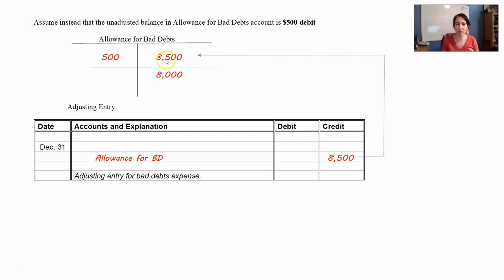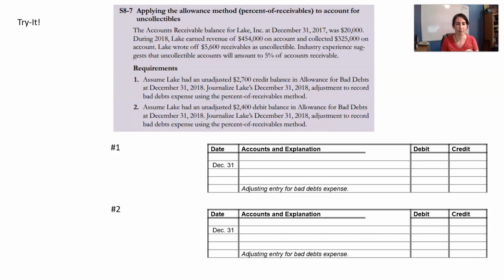If you put 7,500 in there, you would have seen 7,500 minus 500 is 7,000, not 8,000. So you would have seen you needed that 8,500 in there. Okay, but again, balance sheet method, you have to take into account what is already in there when you do the adjusting entry.